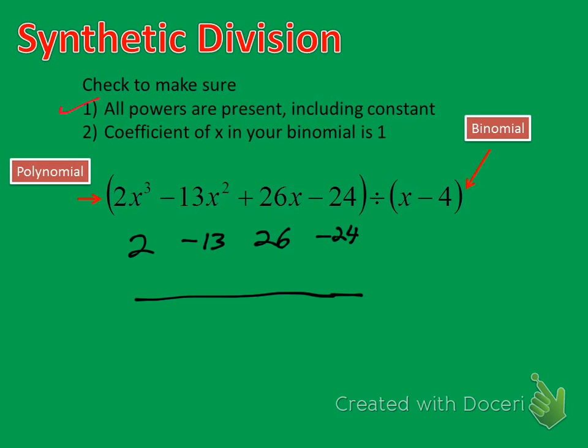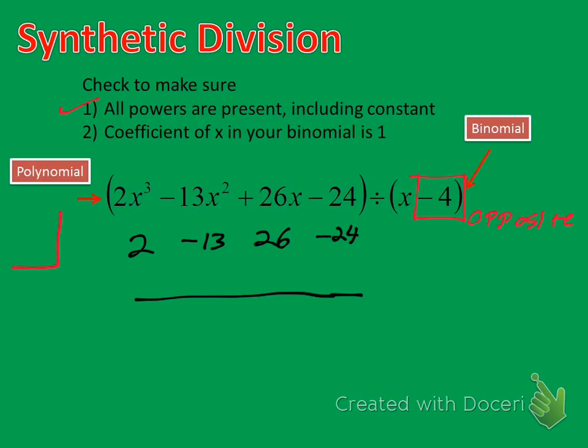Off to your left-hand side, I'm going to draw a little half box. In that little half box, you're going to put a number. Watch how I draw this: that number's opposite. See how I drew that?